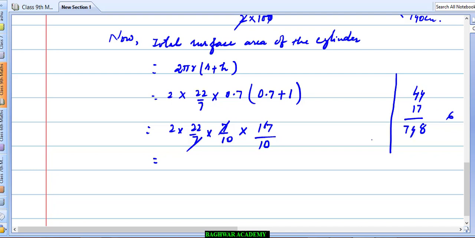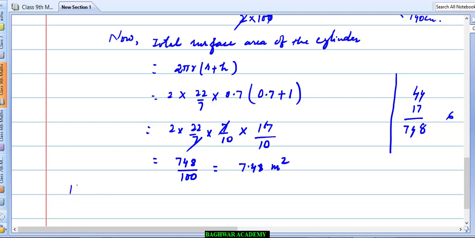So you will get 748 divided by 100, or it can be written as 7.48 meters square.